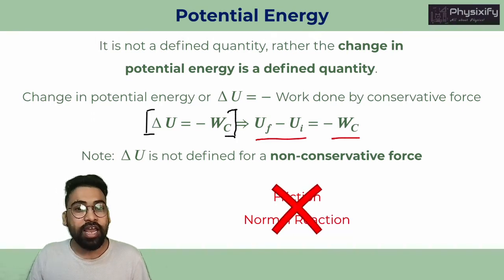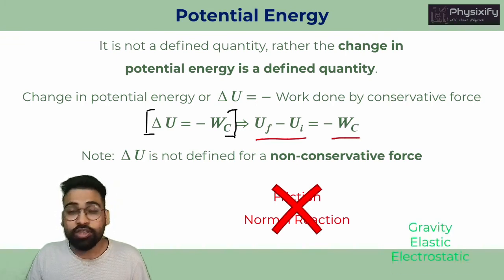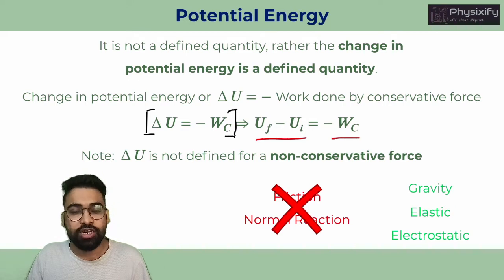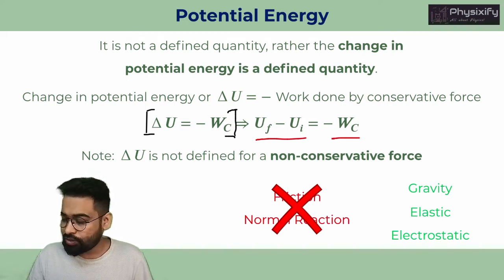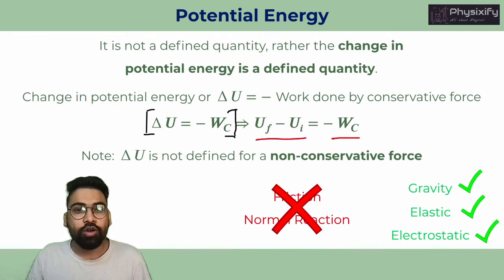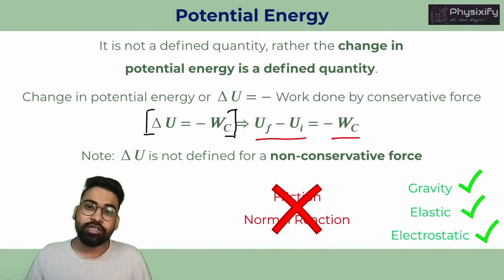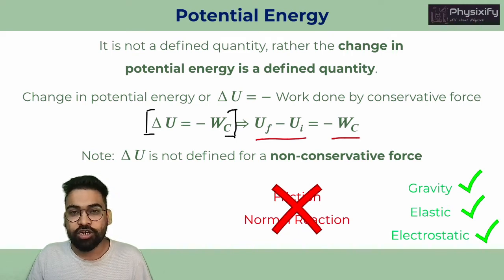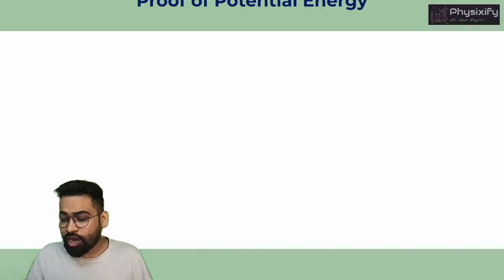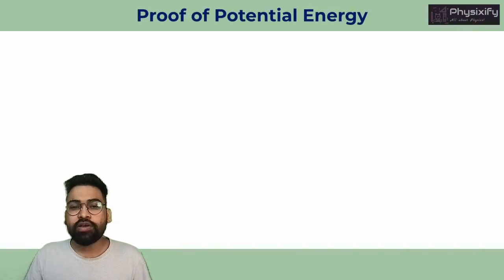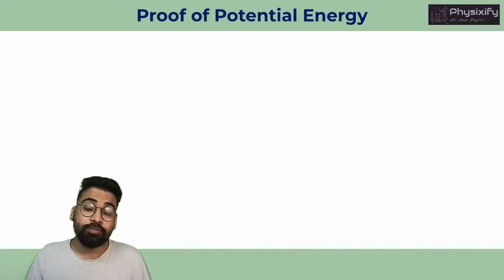There won't be any potential energy defined for friction and normal reaction force. But if we talk about gravity force, elastic force, or electrostatic force for that matter, all these three are conservative forces, and that's why you will define change in potential energy for these three forces.